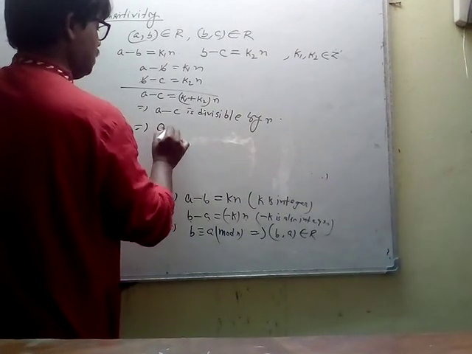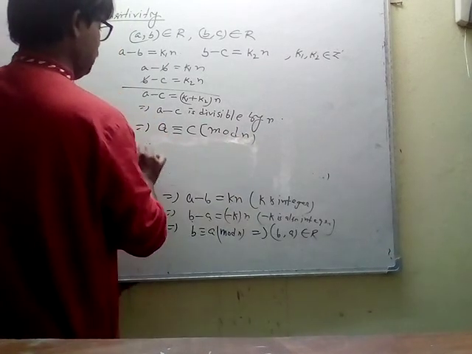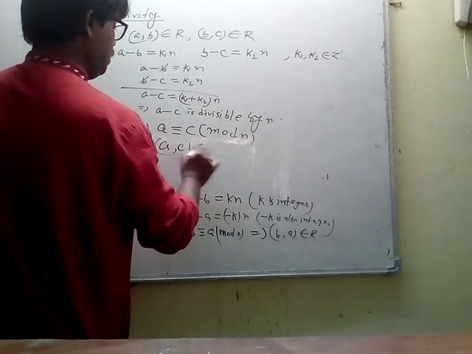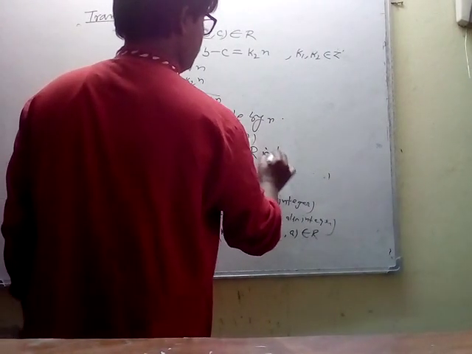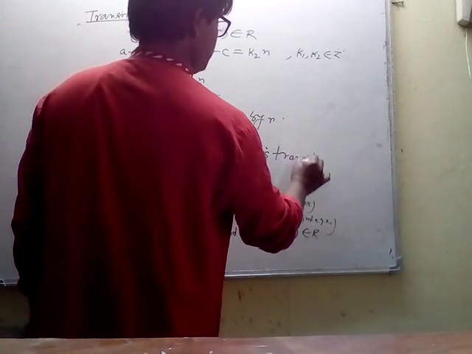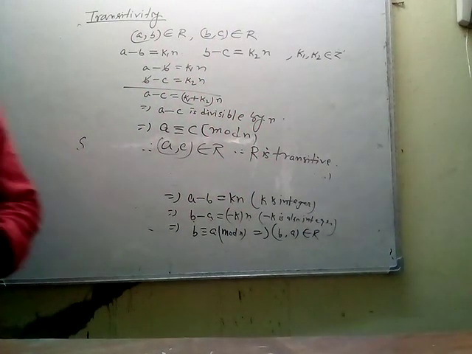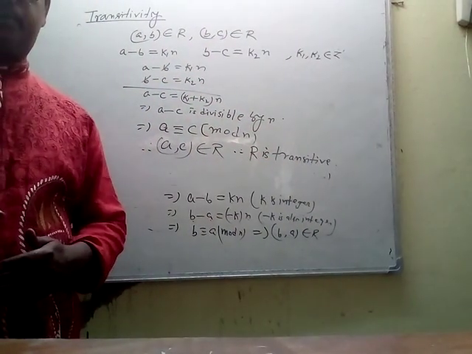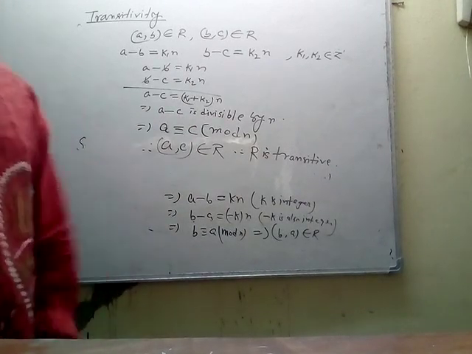Therefore, (a, c) belongs to R. Therefore, R is transitive. Now, since R is reflexive, symmetric and transitive, it is an equivalence relation.